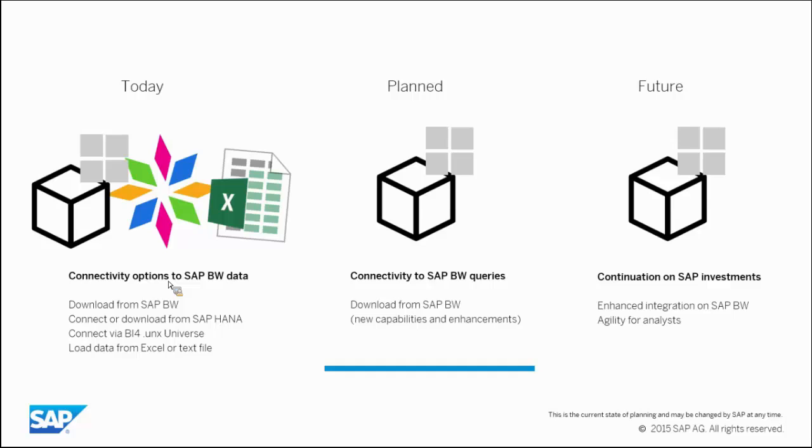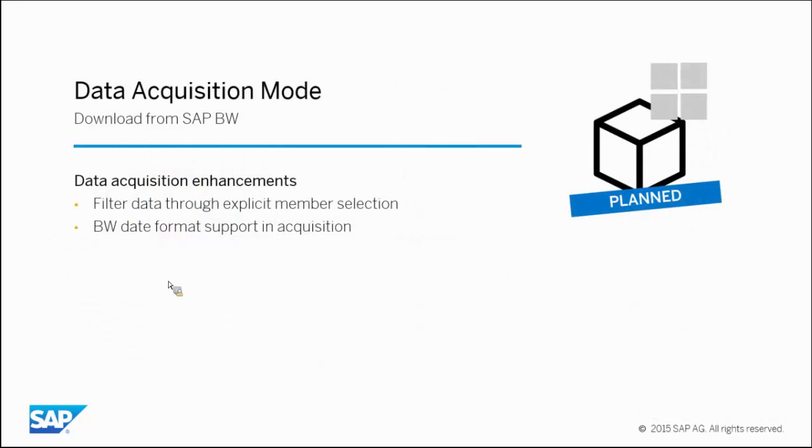What we have planned in terms of enhancement is the ability to filter the values while acquiring the data. So today you can bring in a limited amount of data by making use of the metadata explorer, restricting the number of measures and dimensions which you are acquiring.